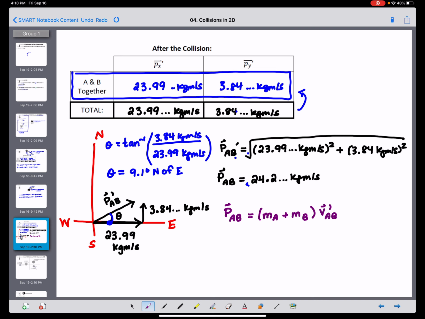So I'll write a prime symbol. And actually, it's the velocity, not the speed. I said speed by accident. So rearranging, the velocity of A and B together is going to be the momentum of A and B over MA plus MB. And actually, let's make sure we've drawn our prime symbols everywhere that we're supposed to. So just have a look at where I've put them. And then now I can plug in my numbers.